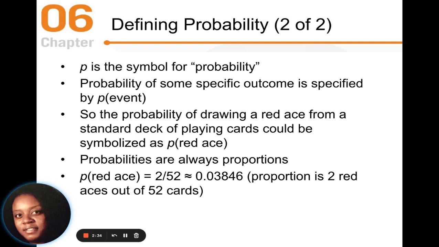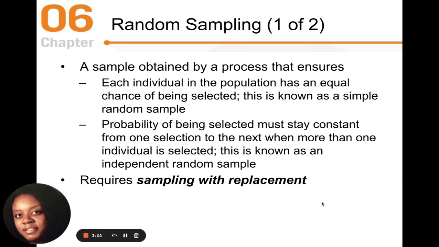So the probability of a red ace is equal to 2 out of 52, which tells us that the proportion is 2 red aces out of 52 cards, because a standard deck of cards has 52, and then there are 2 red aces in a standard deck.